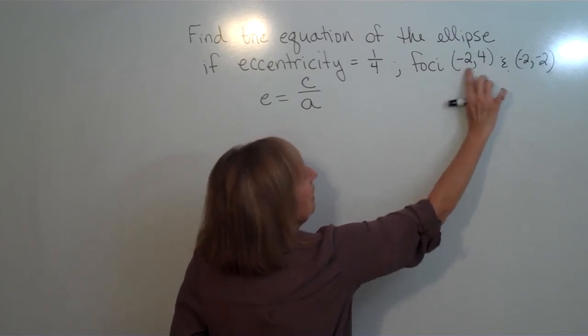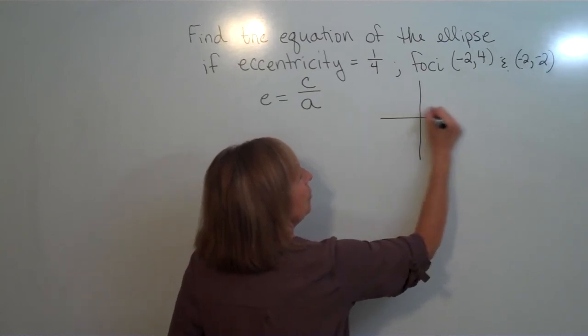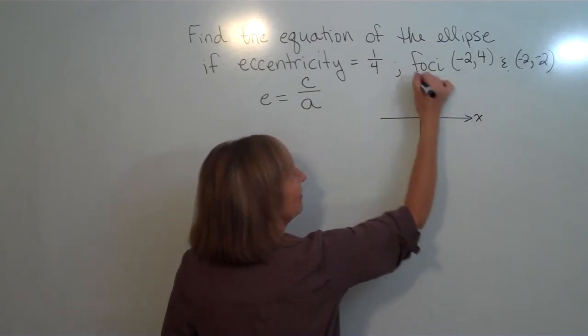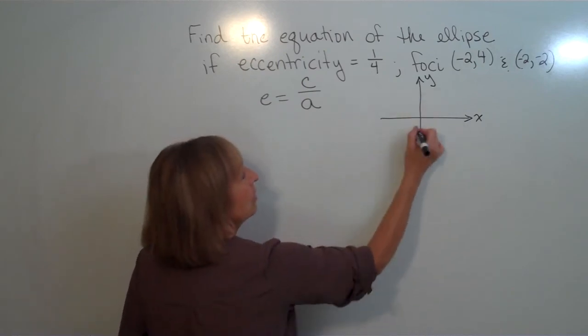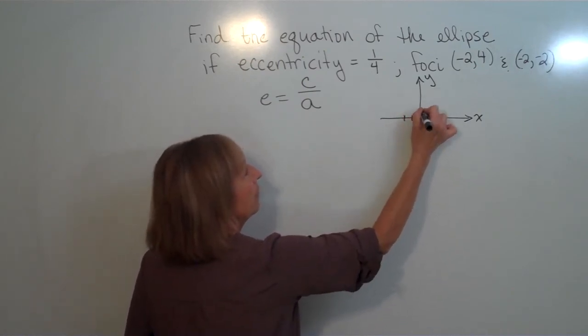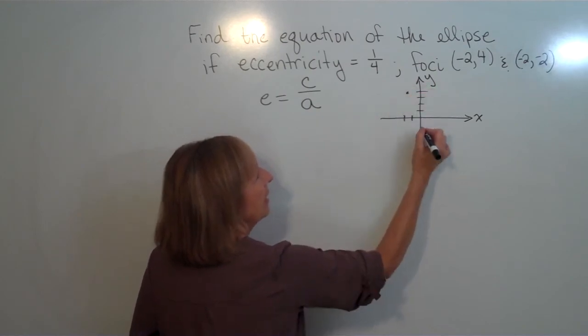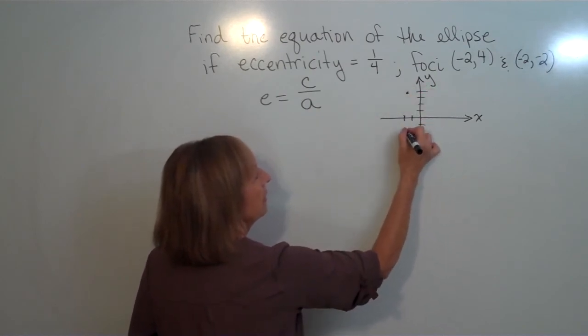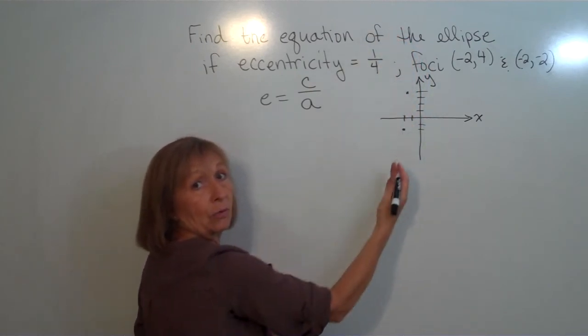With the x coordinate being the same, and if you just want to graph it out, because we can get turned around sometimes if we don't write things out: left 2, up 4, that's one of my foci. And left 2, down 2 is the other one. So my major axis is going vertical.